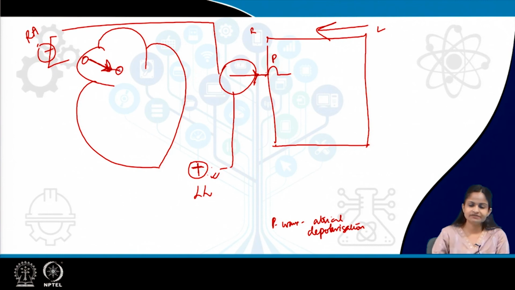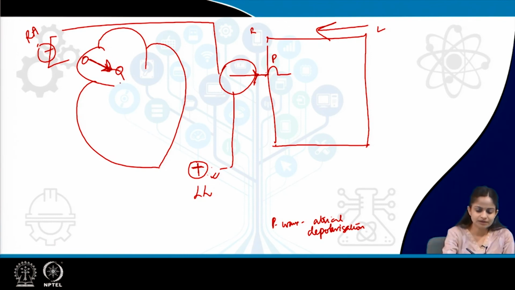Now, once the impulse travels through the AV node, next it comes to the bundle of His. In the bundle of His, the first depolarization, as I told you, is the septal depolarization, next the ventricular depolarization, third the basal portion of the heart.